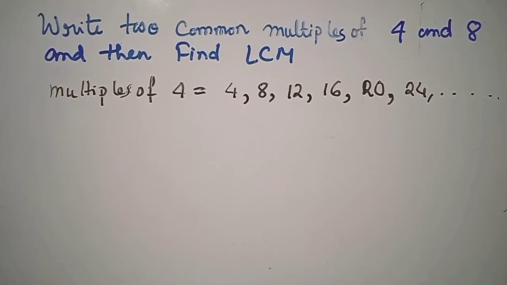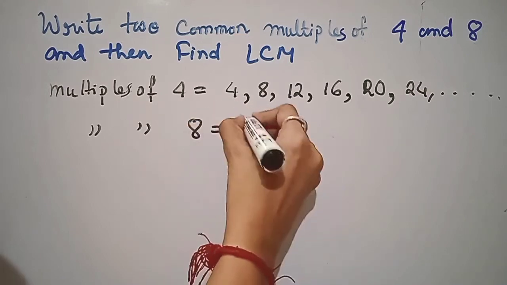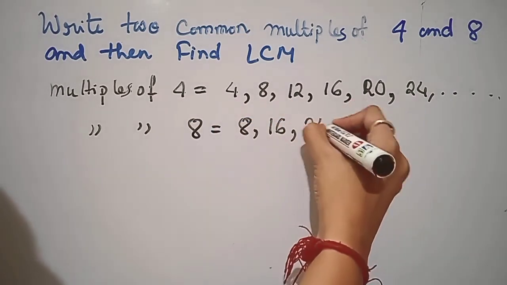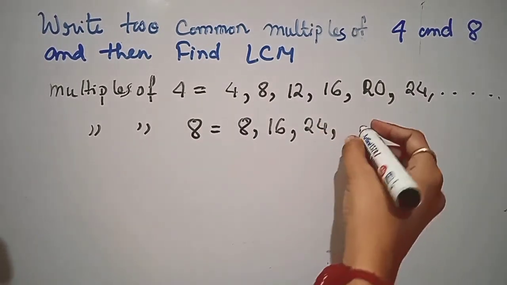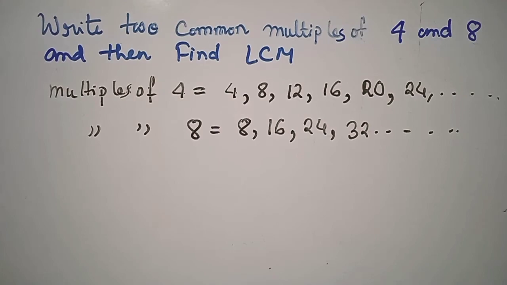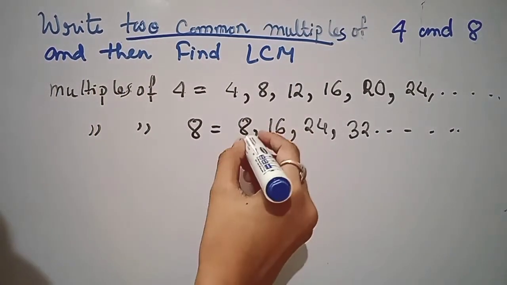Now in the next case we have to write the multiples of 8. So the multiples of 8 will be 8 ones are 8, 8 twos are 16, 8 threes are 24, 8 fours are 32, and so on. Now here we are only asked to find two common multiples.